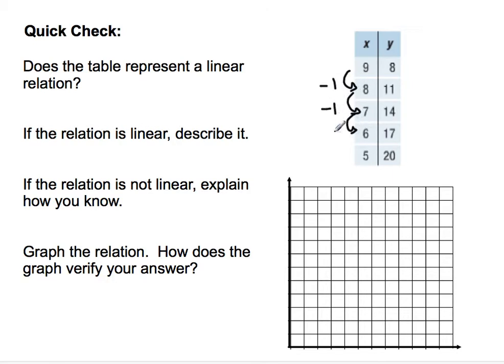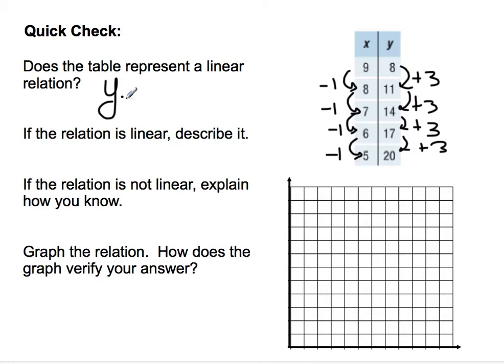We're always subtracting 1 with the x, so even though you're subtracting, it's still a constant rate of change. And here we're adding 3, adding 3. So we're always adding 3. We do have a constant rate of change in both of our variables, so it does represent a linear relation.